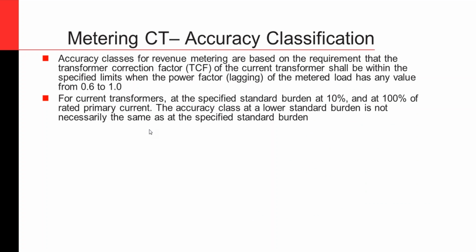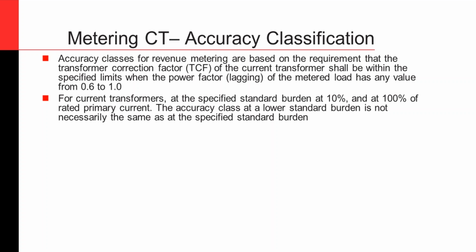So this slide pretty much contains the same thing that I mentioned before. For a standard burden, a burden is nothing but how much load you provide on the CT itself.